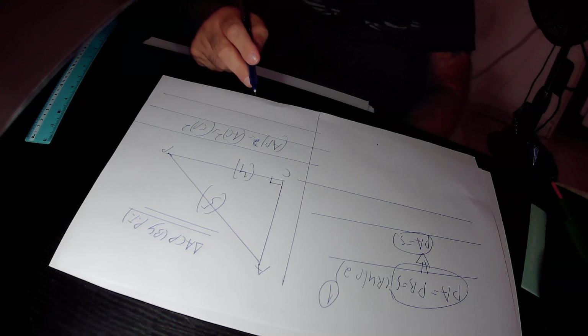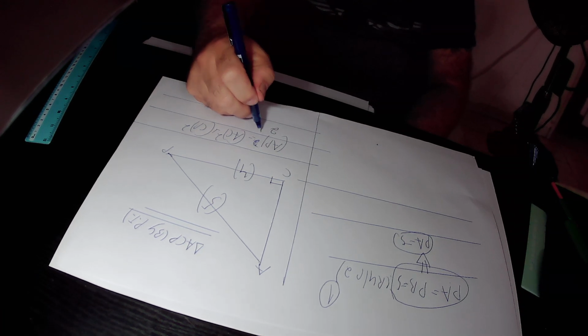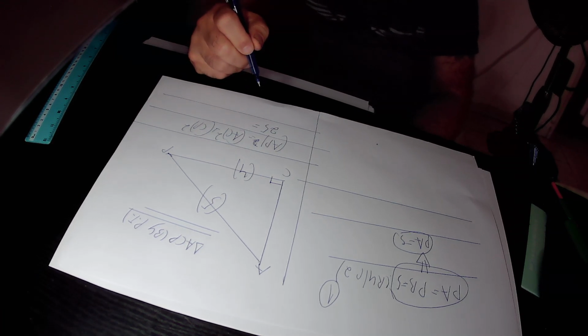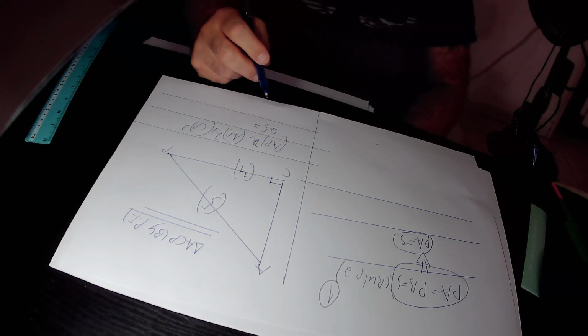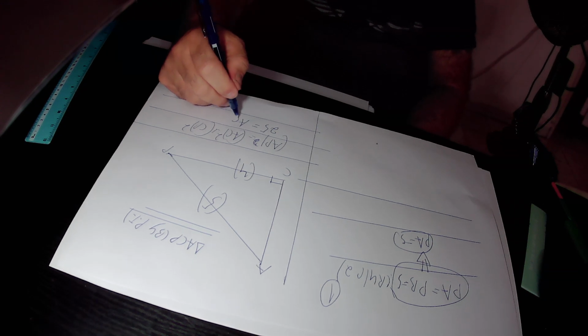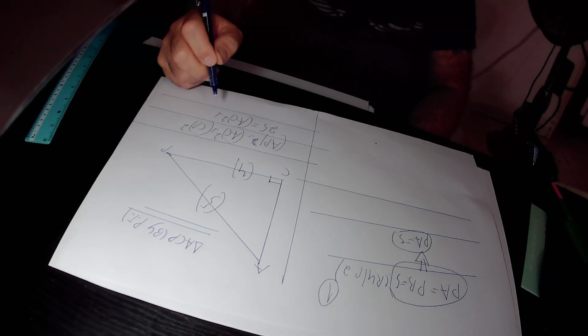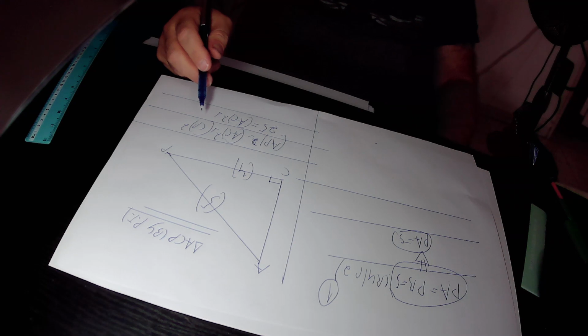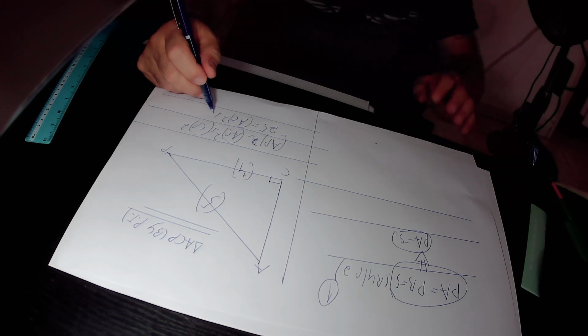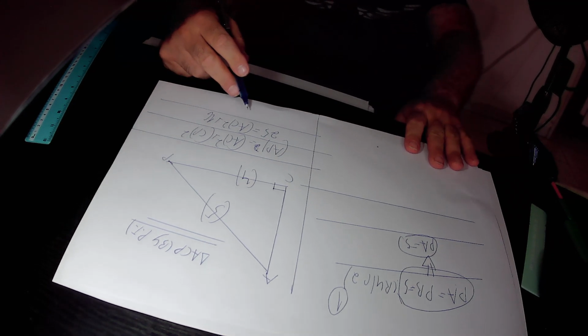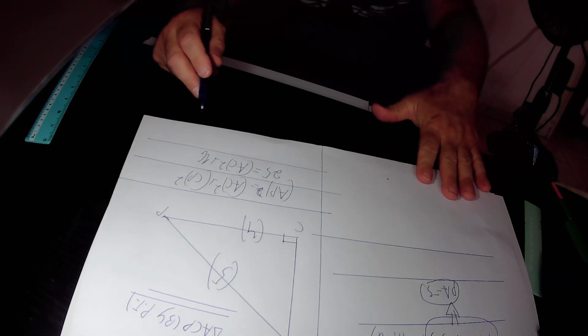AP equals 5 units in length, therefore AP squared is 5 squared, that is 25, and it equals AC squared. AC is the missing side, so we leave it as it is. So it is AC squared plus CP squared. CP is 4, therefore CP squared is 4 squared, that is 16. So in total we find that 25 equals AC squared plus 16.